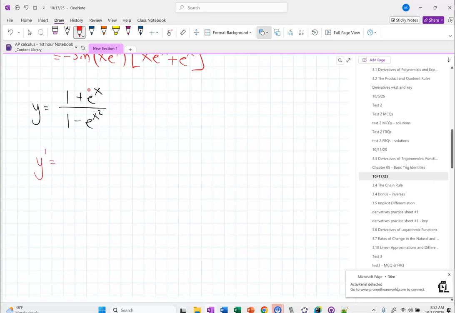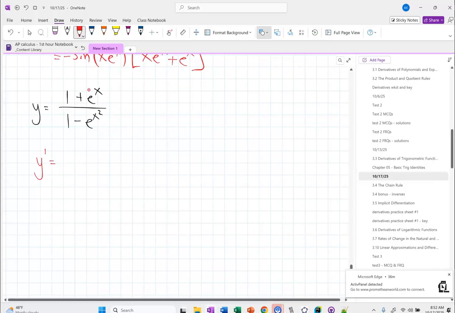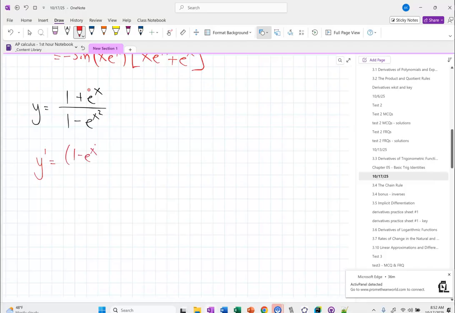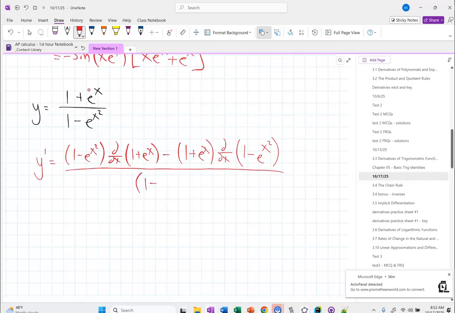The quotient rule is derivative of the top times the bottom minus the bottom times the derivative of the top over bottom squared.